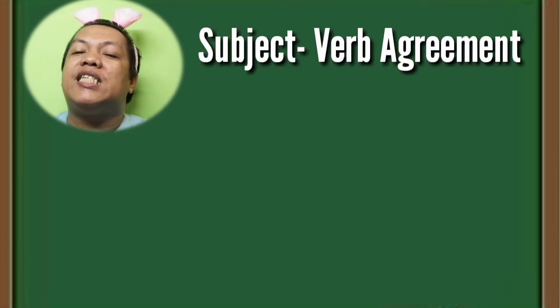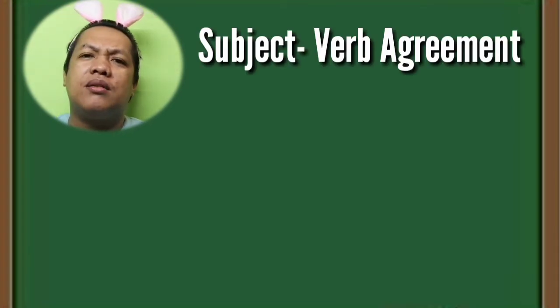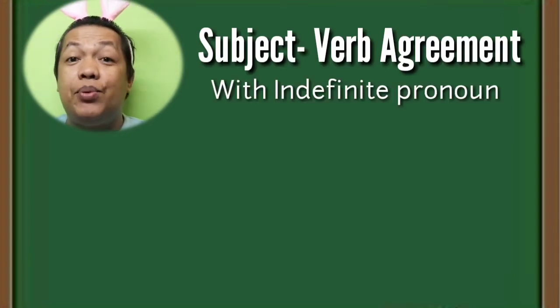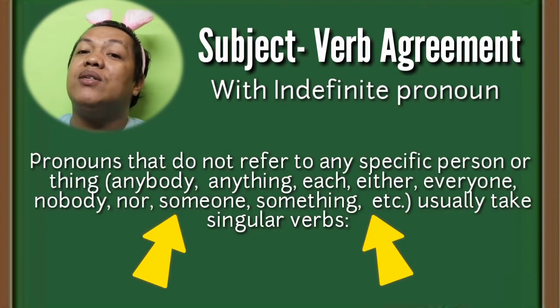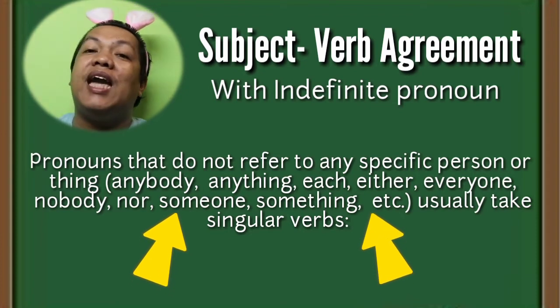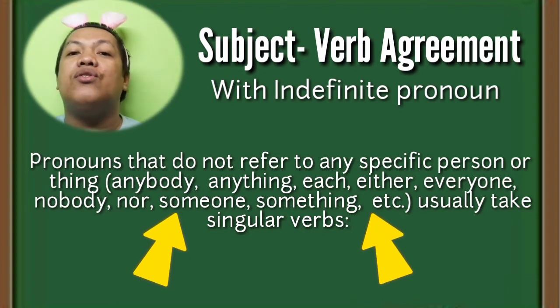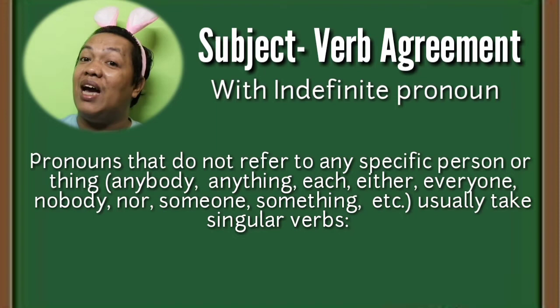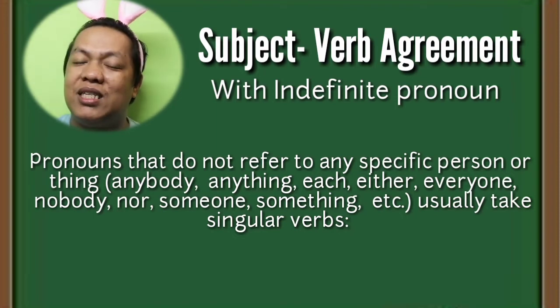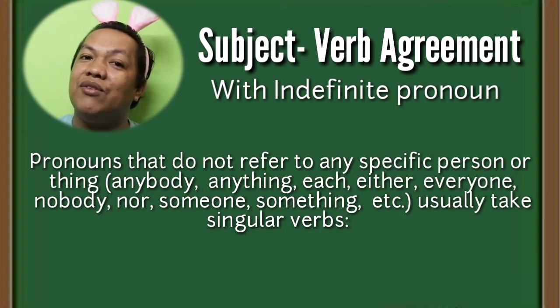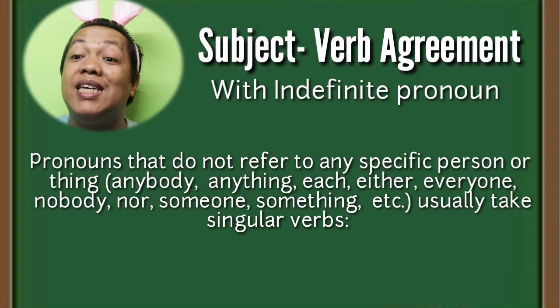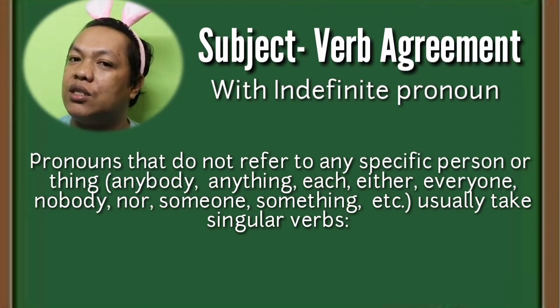What about subject-verb agreement with indefinite pronouns in the sentence? Again, pronouns that do not refer to any specific person, thing, or subject, that's an indefinite pronoun. Specific examples of indefinite pronouns: anybody, anything, each, either, neither, everyone, nobody, no one, someone, or something. Now let us look at your screen.